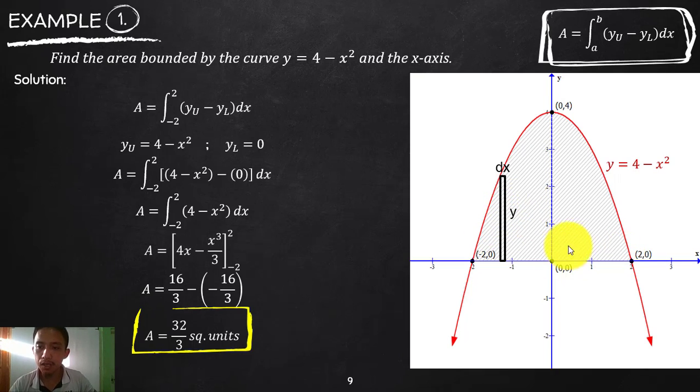But if you want, you can consider from 0 to 2, get the area of this, multiply to 2, or negative 2 to 0, get the area multiplied to 2. It's up to you. Okay. So now this one, y upper minus y lower times dx. Integral from your limits.